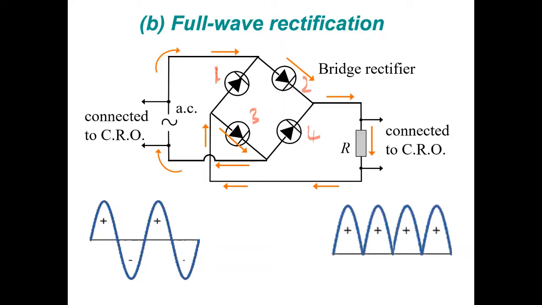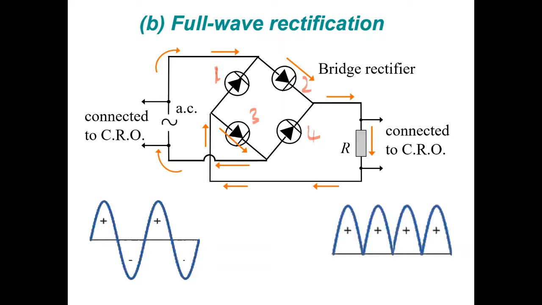The current will flow through D2 because this is the forward bias. It will not flow through D1 because it is reverse bias. So the current will flow through D2 and then go to the resistor.